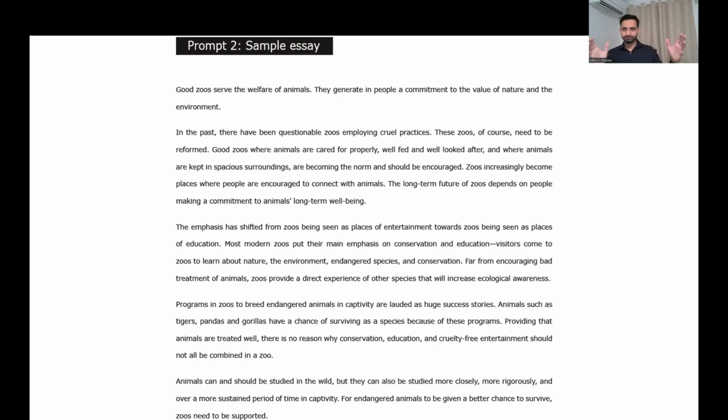So if you read this sentence, it's introducing the paragraph that zoos are good for animals, and it's also given an opinion that they generate a commitment in people to value nature and environment. Okay, so it's in favor of zoos. So that means it's going to be disagreeing, right? It's kind of disagreeing, isn't it? Now let's read the supporting arguments and supporting information in 3 paragraphs in the body.